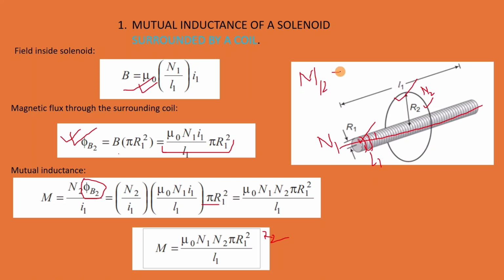But if we calculate this M21 part, it is a very complex calculation, so we will leave it. We are just going for a simple and easy calculation to find the mutual inductance. So this is the final expression. It depends only on the dimensions of the two coils, the number of turns of the secondary coil N2, and the rest of the terms all included in the primary coil R1.